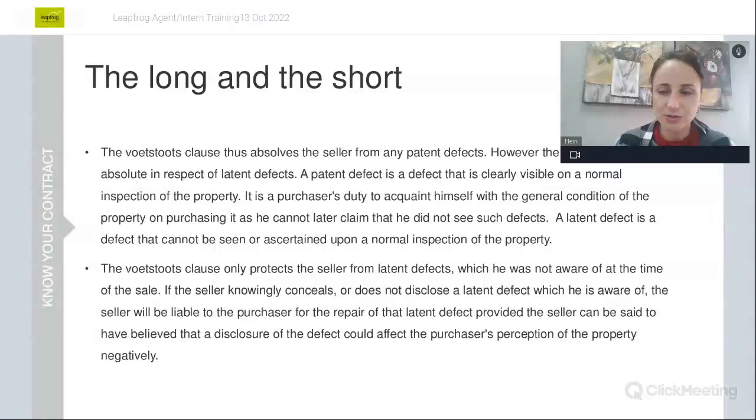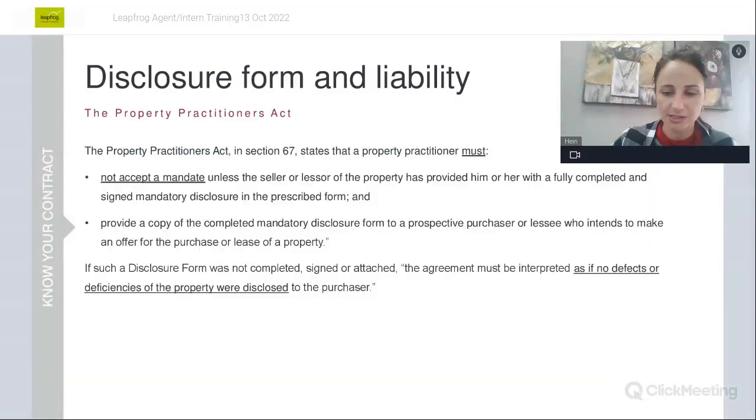And there's a court case that I'm going to share with you later on where the court says, sellers, you can't tell half of the truth. You need to be open about something, and you really also need to put a bit of thought into what you need to disclose and convey to your agents and your buyers. So it's not simply a matter of relying on the Voetstoots clause.